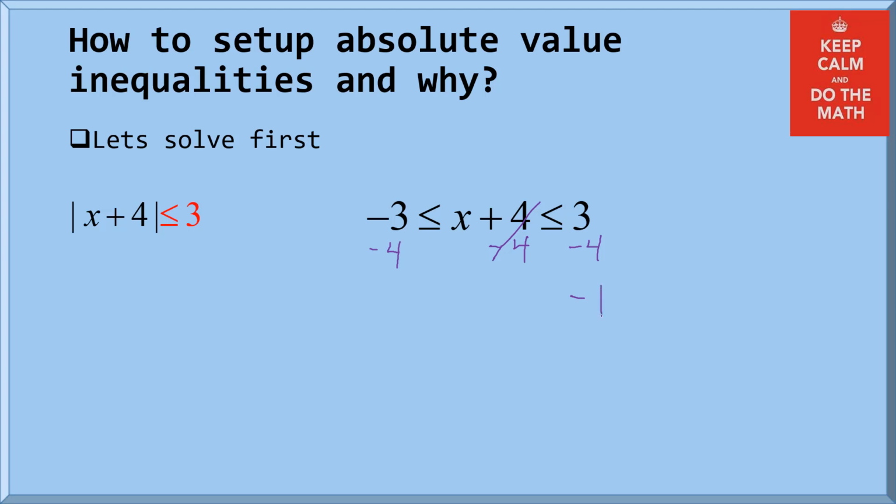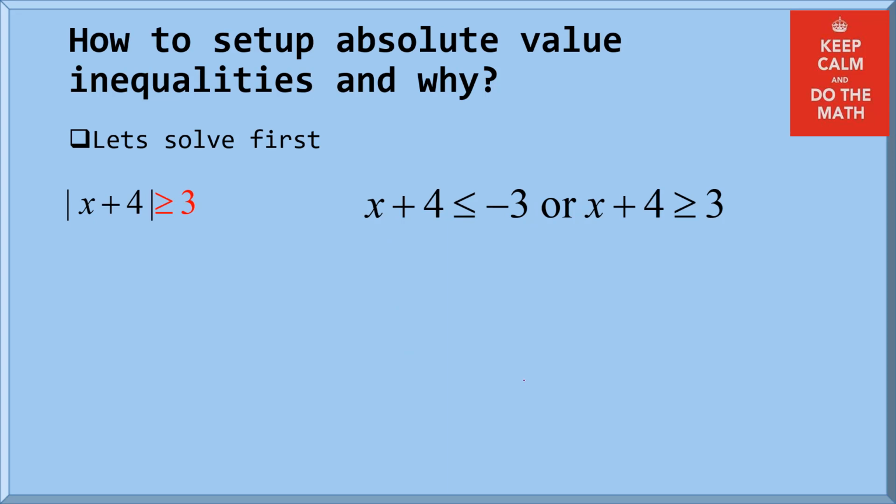I end up with negative 7 is less than or equal to x, and x is less than or equal to negative 1. So you can see that our interval would be all x values in between negative 7 and negative 1. And I use the square brackets because my original symbols had an equal sign to it.